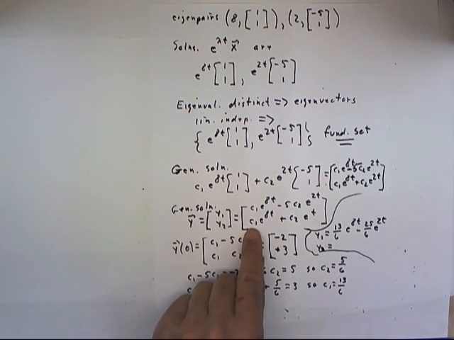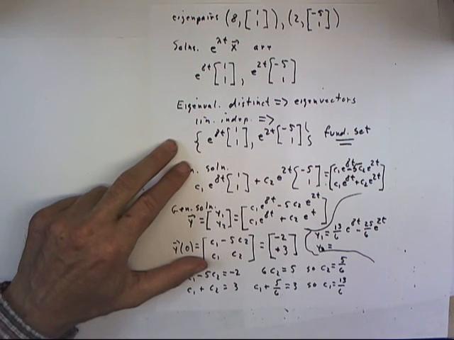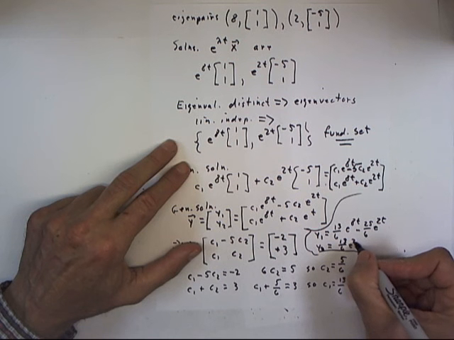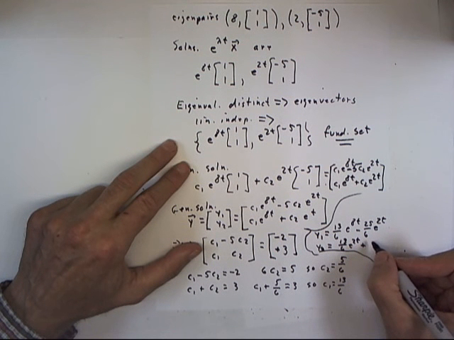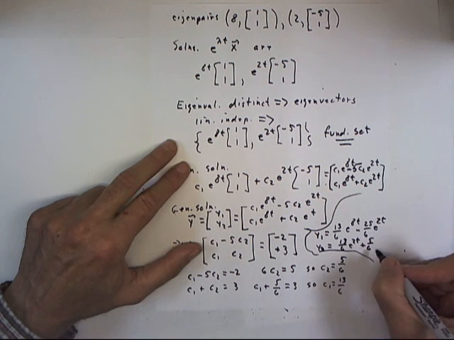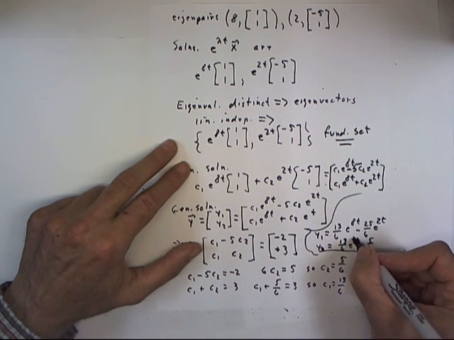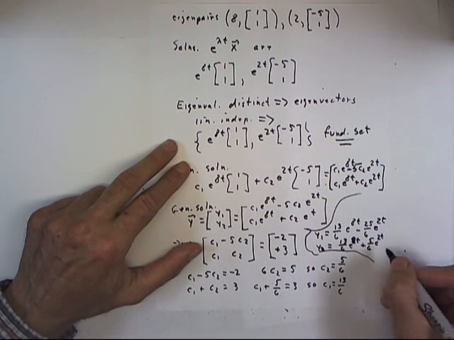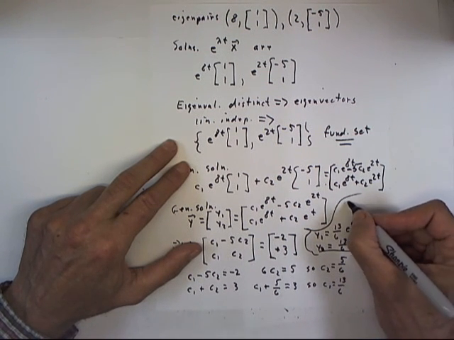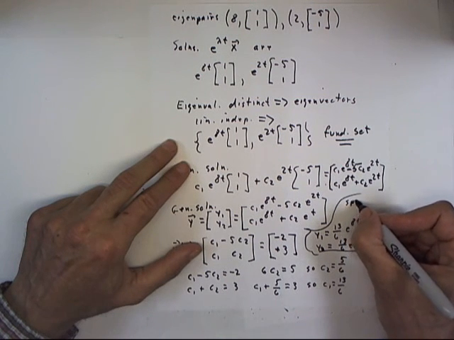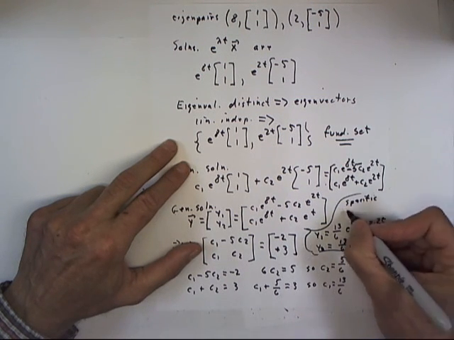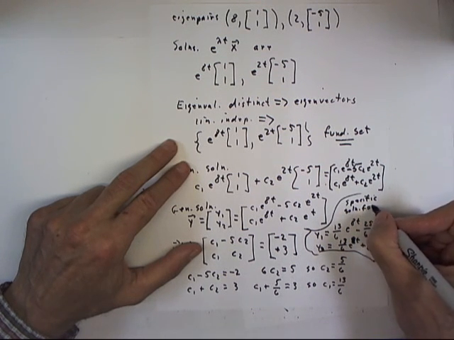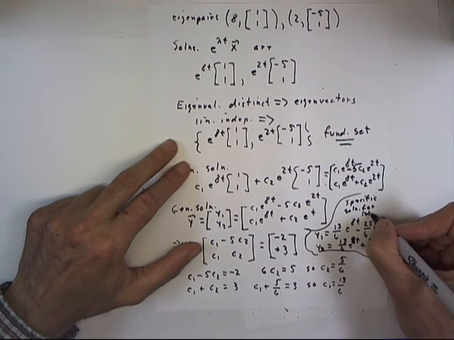But our y2 solution is going to be c1 e to the 8t plus c2 e to the 2t, and that's just going to be 13/6 e to the 8t plus 5/6 e to the 2t, and this is our specific solution for the initial condition.